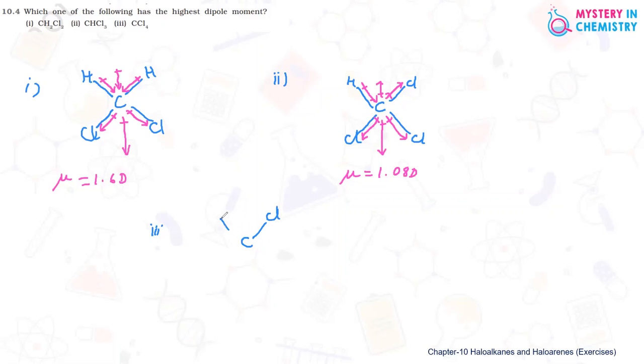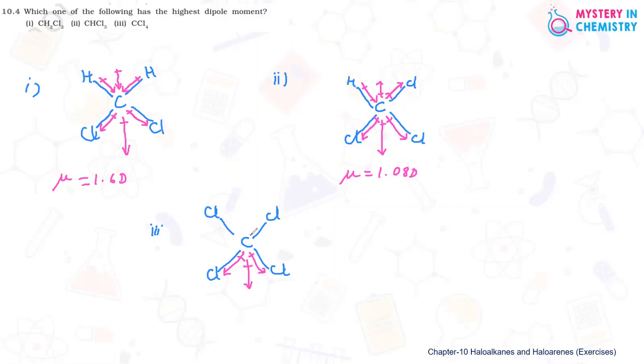So one dipole should be cancelled by the other one. And overall the molecule should be non-polar. So here by the diagram also we can show that this bond is polar, this bond is polar, and resultant of this should be here.